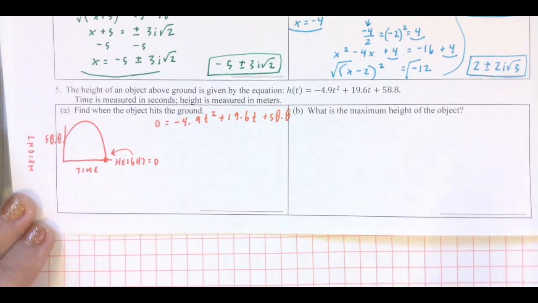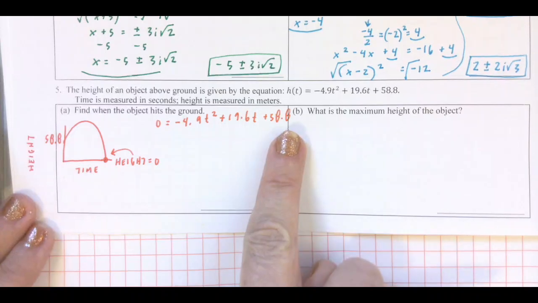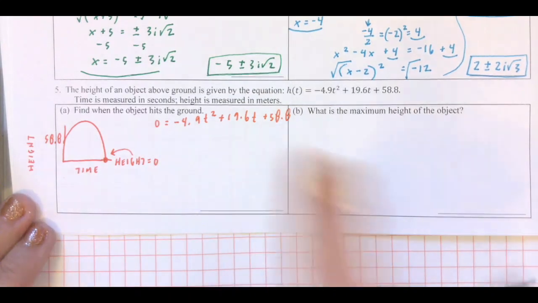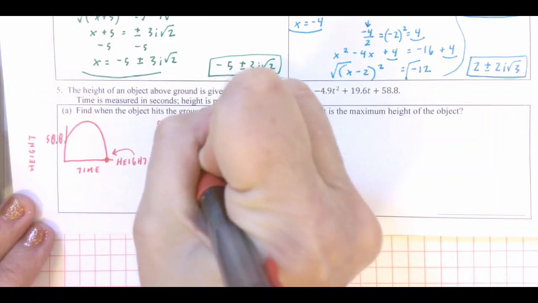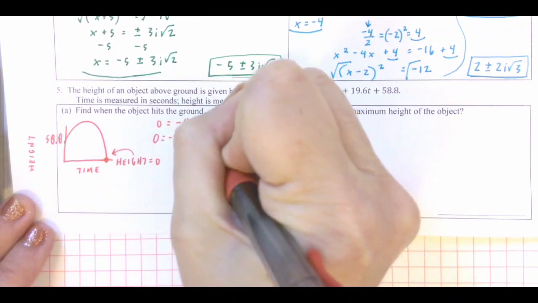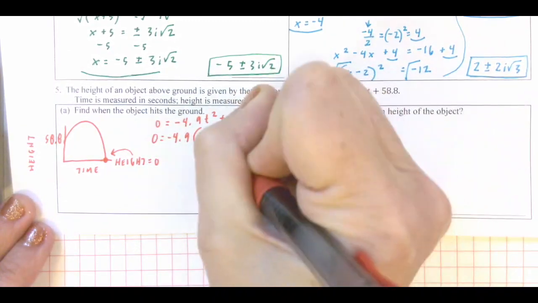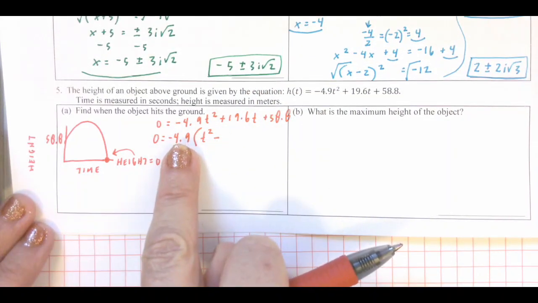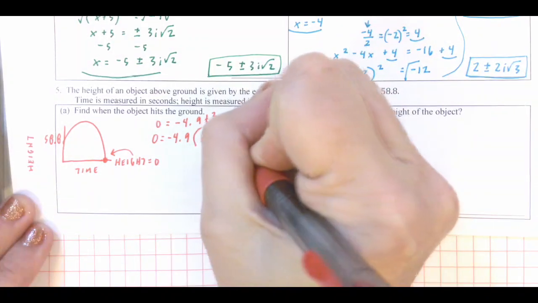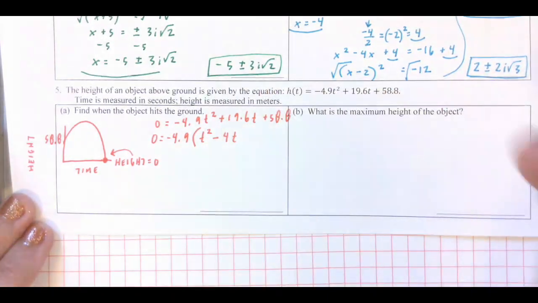Now, plenty of kids will just take this straight to the quadratic formula. We see that with a lot of these modeling problems. Sometimes that's easy to do. This one actually factors. So if I divide out a GCF of negative 4.9, here I have just t squared by itself. 19.6 divided by negative 4.9 is actually just minus 4 and then t.